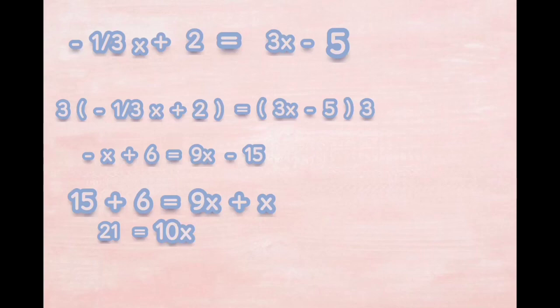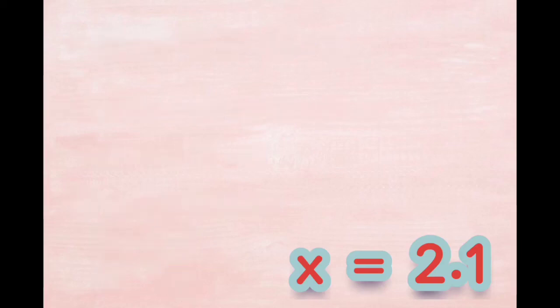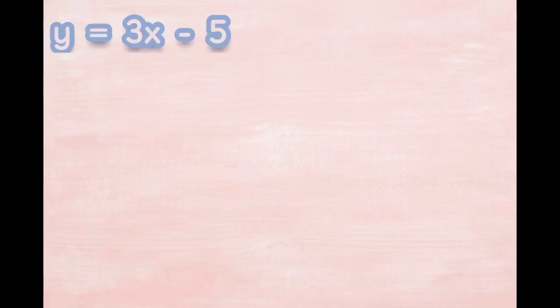To cancel 10, divide both sides by 10. 21 divided by 10 is 2.1. Therefore, x is equal to 2.1. Now that we already have our x, we will now solve for y. To solve for y, we will still use the same equation, which is y equals 3x minus 5.